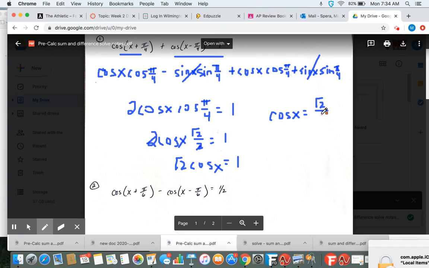We're down to the very end where now it's time to get our answers, and we just simply say, what angles have a cosine, an x value, of root 2 over 2? And since x is positive in the first and the fourth quadrant, your answers are going to be pi over 4 and 7 pi over 4. And that's it. Those are your two answers.